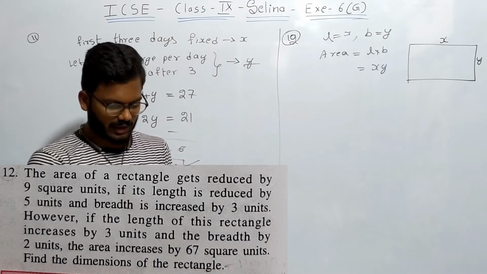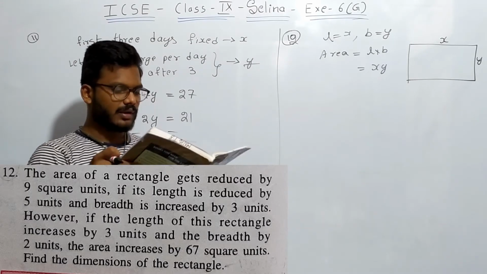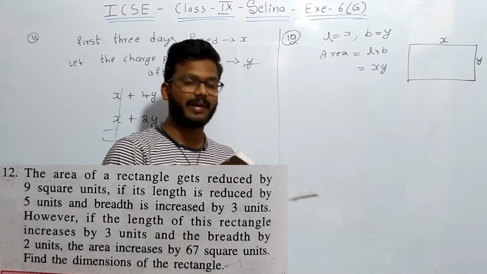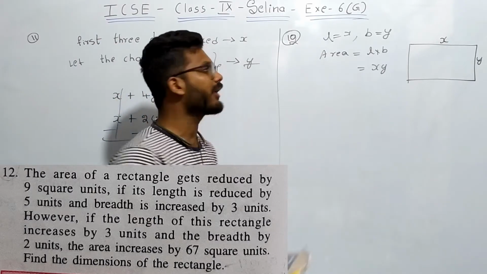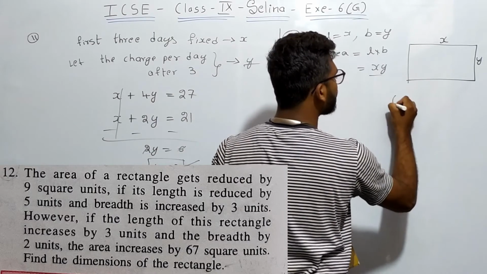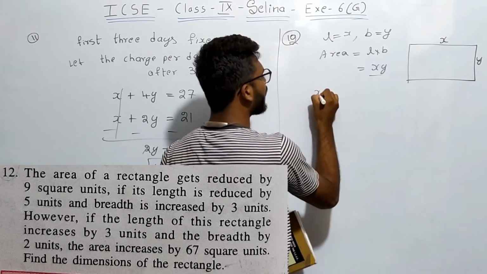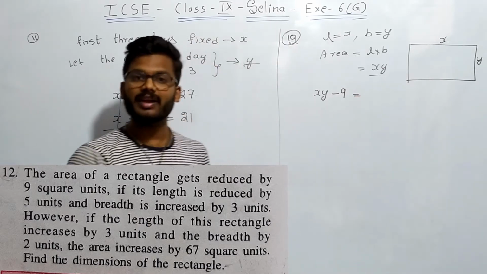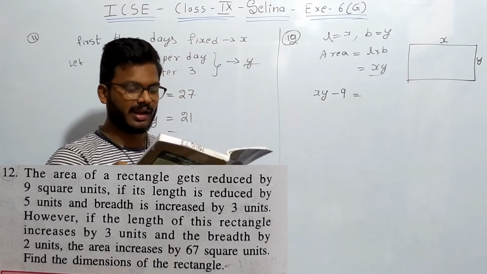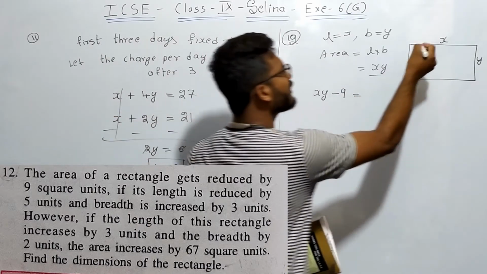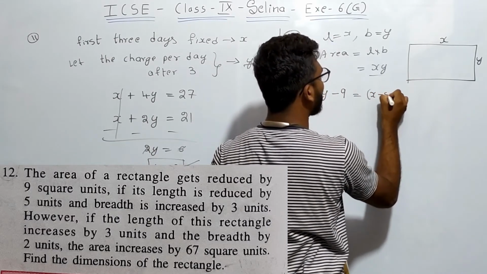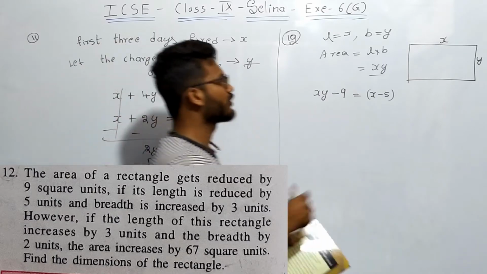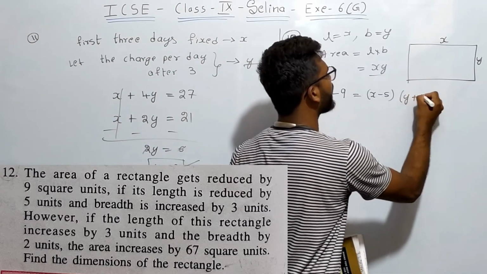And next, they are telling the area of the rectangle is reduced by 9 units. Area is nothing but xy. Reduced by 9 means I have to subtract 9. When? When length is reduced by 5, that means x minus 5, and breadth is increased by 3, so y plus 3.